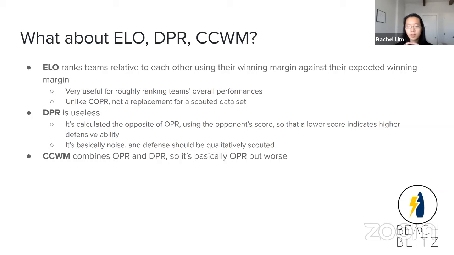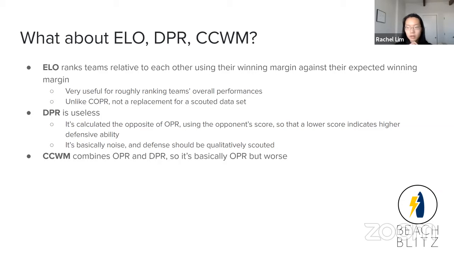For scouting specifically, it's a bit less useful. ELO doesn't have any concrete meaning. So if you say a team has an ELO of, you know, 1600 or something, it doesn't mean a whole lot in and of itself. You can't take that and know how many high goals they scored on average.